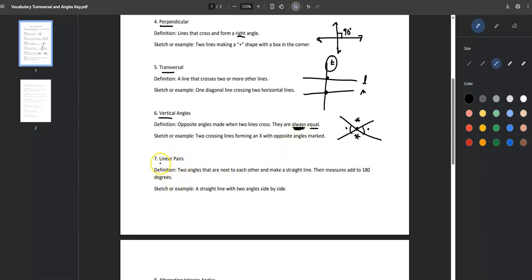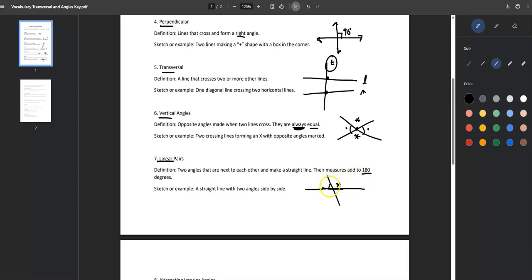I then have linear pairs. These linear pairs are two angles that are right next to each other that make a straight line, and they're always going to add up to 180 degrees. So if I have a line here and a line here, this is my straight line, and these angles are right next to each other, and they're going to add up to 180 degrees.